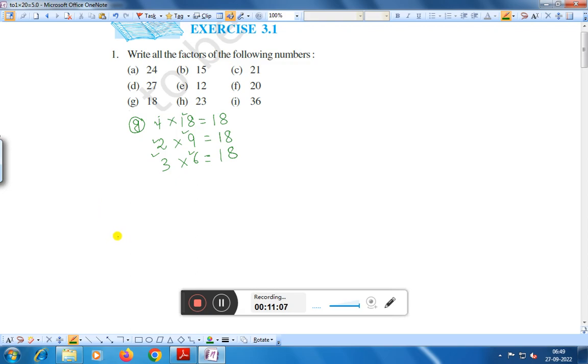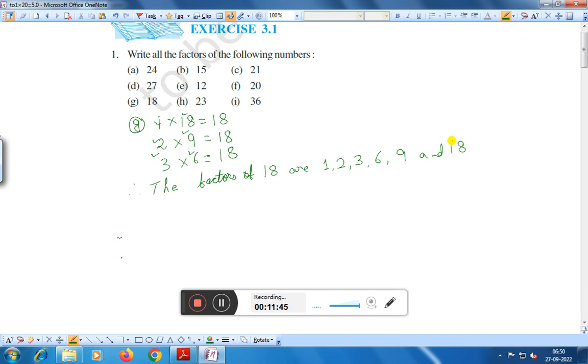Therefore, the factors of 18 are 1, 2, 3, 6, 9 and 18, right?